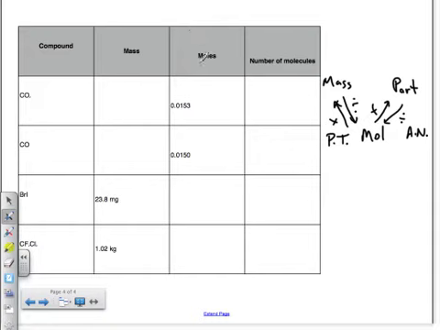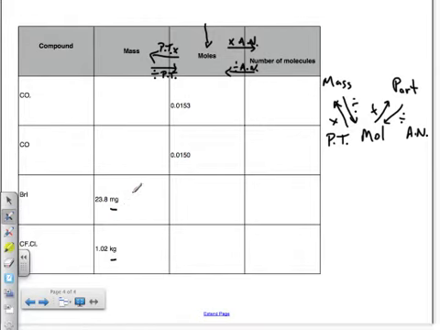If mole is my central unit, if I'm going from mole to molecules, I'm going to be multiplying times Avogadro's number, just like the chart tells me. Back, I'm going to be dividing. If I go from moles to mass, I'll be multiplying by what's on the PT, the molar mass. If I'm going the other direction, I'll be dividing. Now, the unit you must be in order to do the periodic table is grams, not these. So you're going to have to do a conversion there.